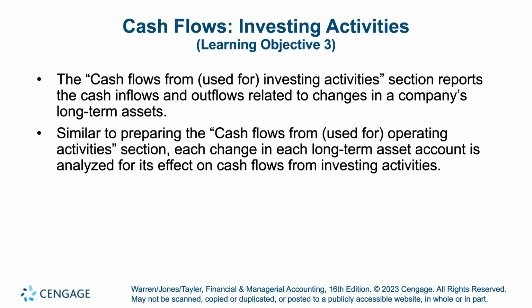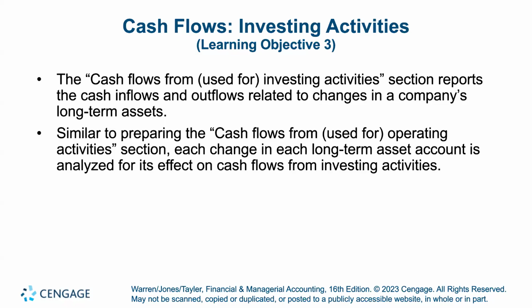Okay. So these are things like equipment, land, vehicles. Those are all considered investments by the business. So the purchase of long-term investments is a negative cash flow, and the sale of long-term investments or long-term assets is a cash inflow to the business, right?